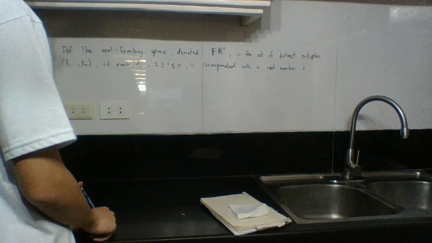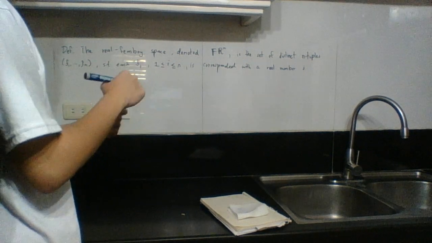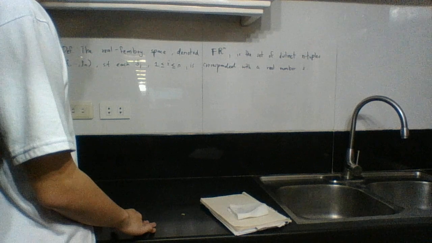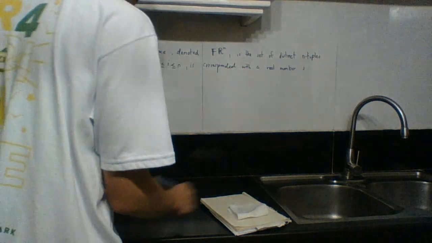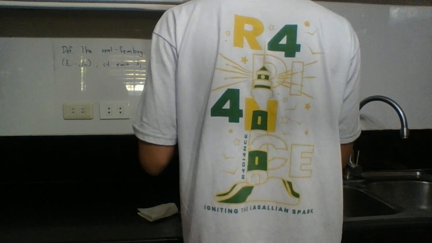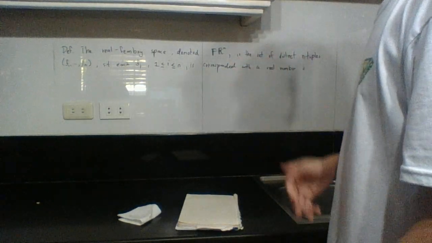Now, order here sort of matters, of course, just like how swapping x and y would give something that's not quite the same as if we didn't swap them. So that's FRN.